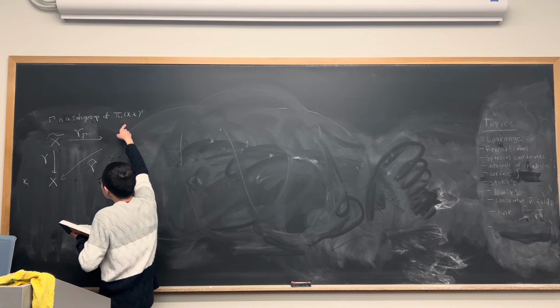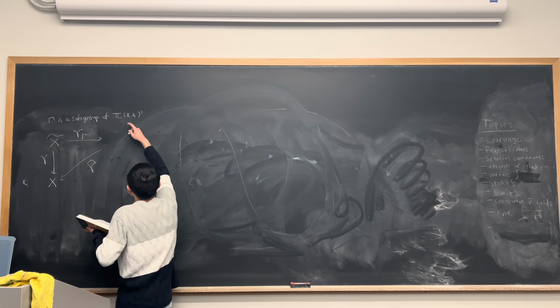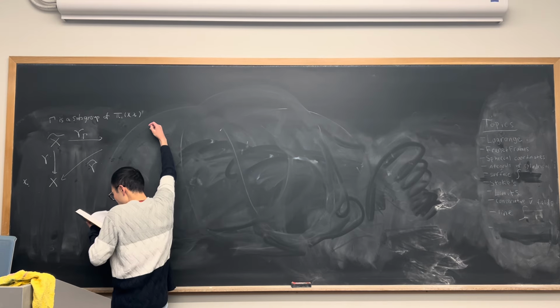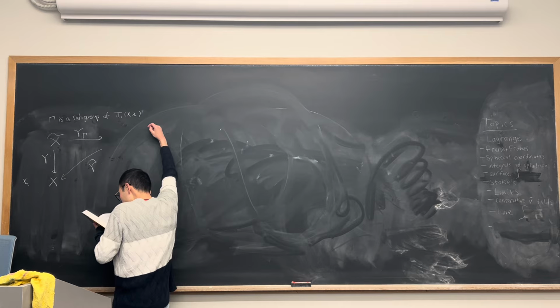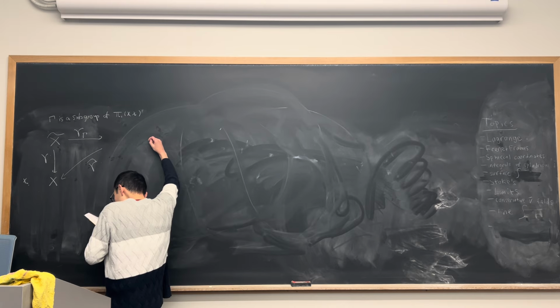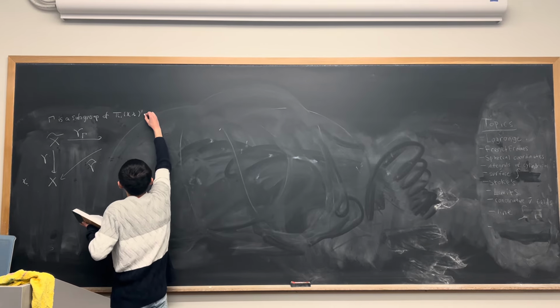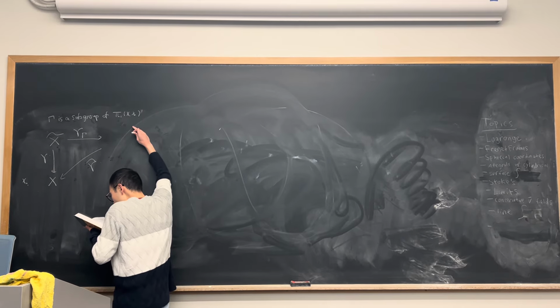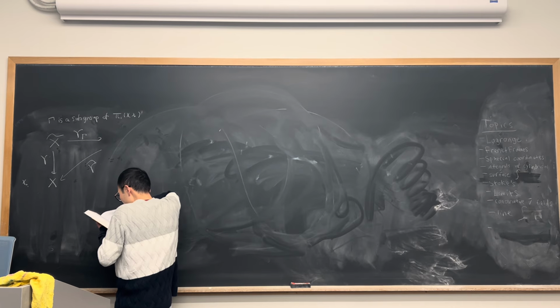So this is the action, identifying the pi 1 with the deck transformation group. The identification is given by mapping any element in the deck transformation group to the corresponding element.